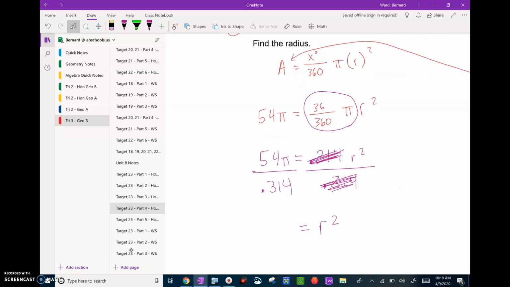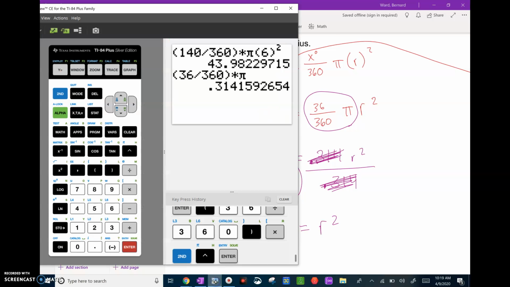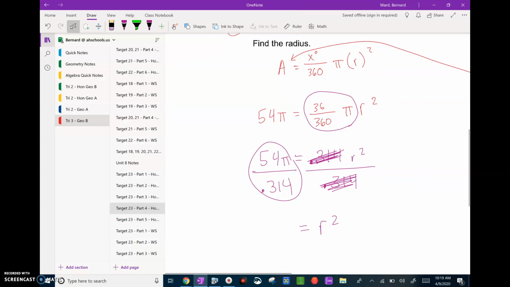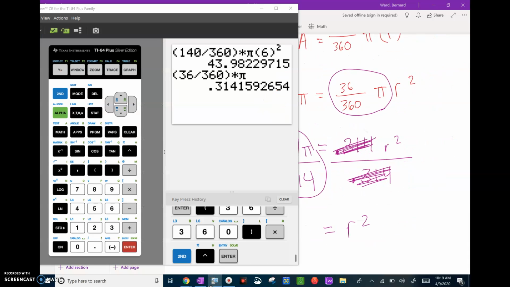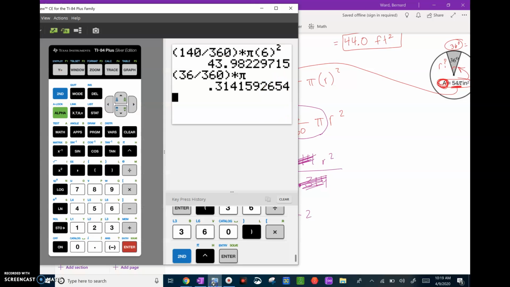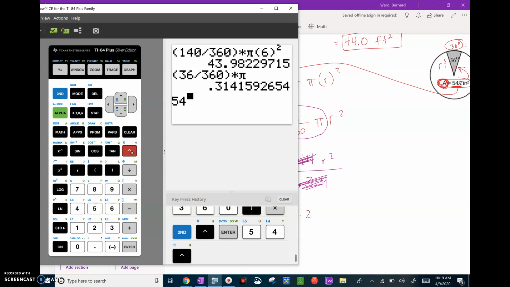And then on the left, this is what we're going to want to type into our calculator now. And so let's go do that. Oops, let's make sure we can see it. Close enough. So it is 54 pi, oops, missed, clear, 54 pi, right?